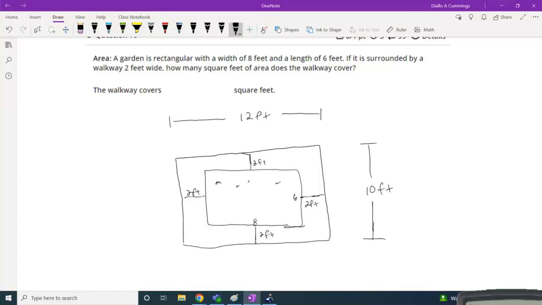All right, now the next thing I want to do is subdivide into different shapes. So I'm going to erase some of this stuff that's on the inside.